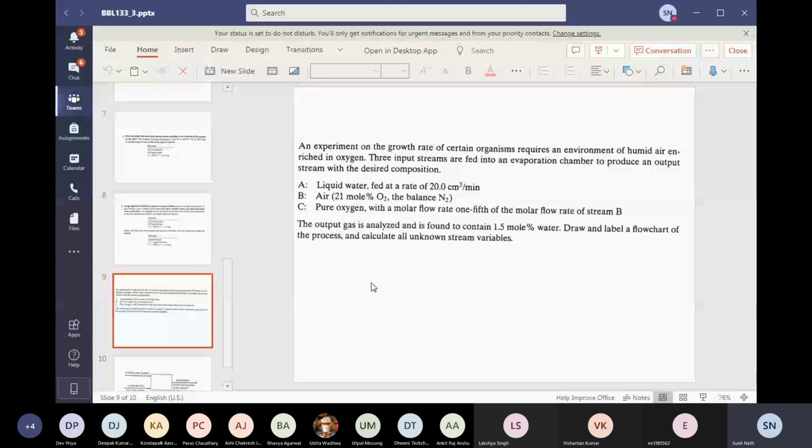Have we missed out anything? You now have 3 input streams, you have 1 output stream. You know how many moles per minute of water is coming in. You know what is the fraction of the oxygen and nitrogen in the dry air that is flowing in.